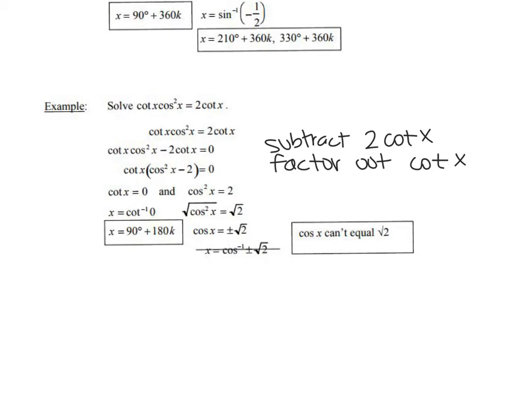Well, cosine of x can't equal radical 2, because the range for cosine is from -1 to 1. Radical 2 falls outside of that range, so there is no possible solution from the cosine squared x minus 2. So our only solution is the 90 degrees plus 180K.